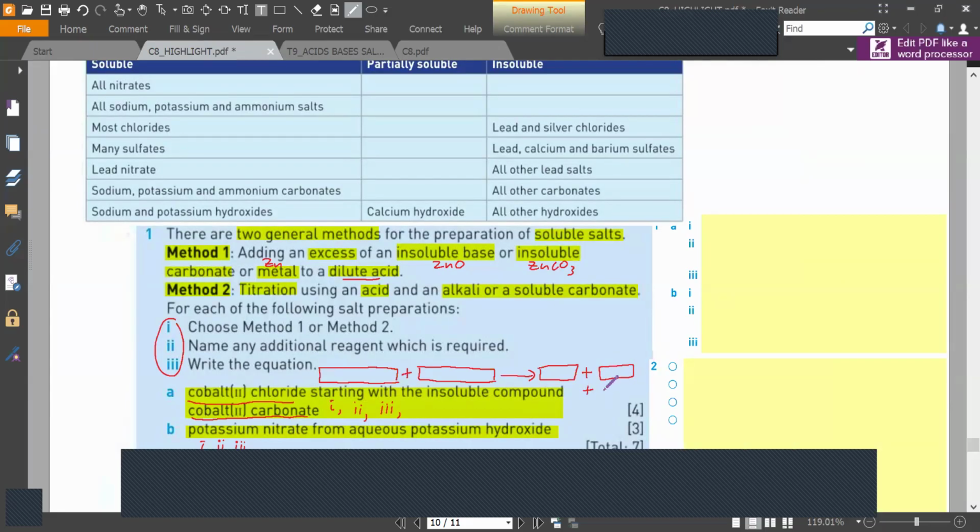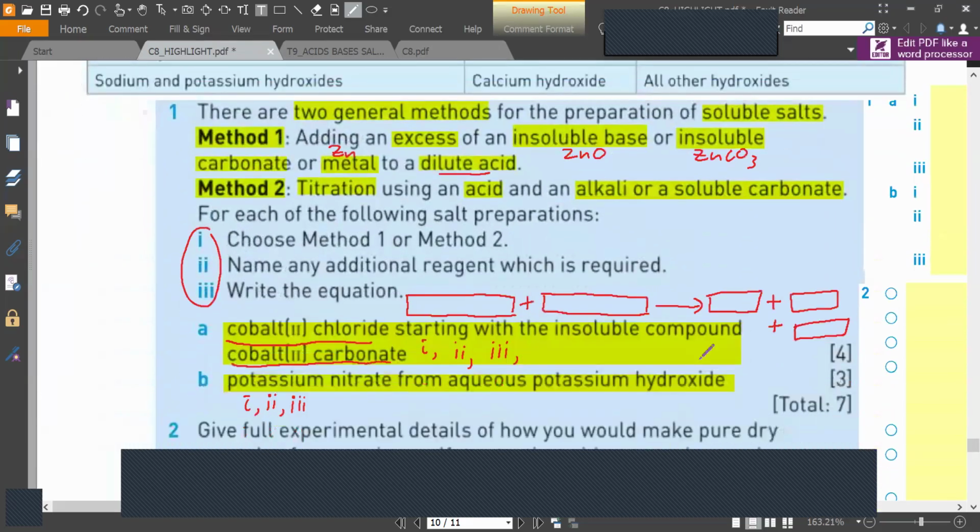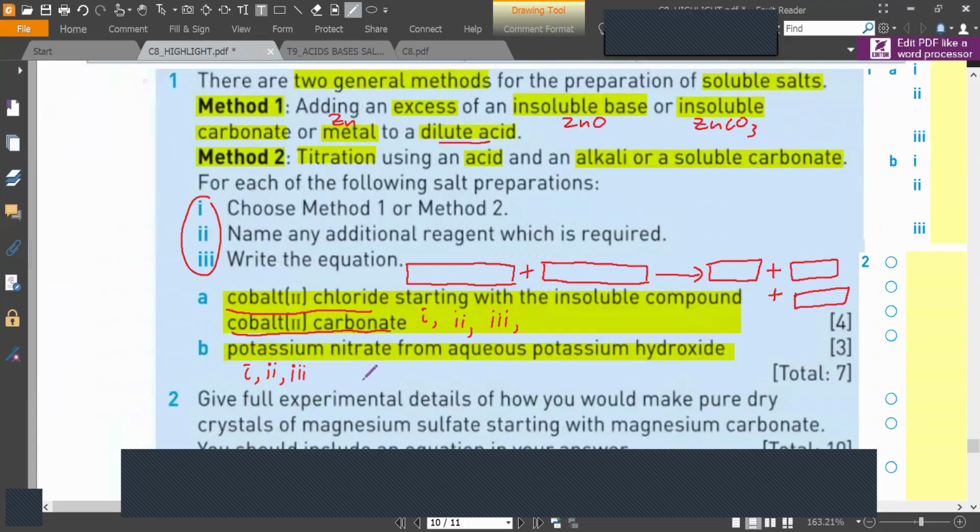So we are preparing cobalt chloride. This is what we want to prepare, and we start with cobalt carbonate.